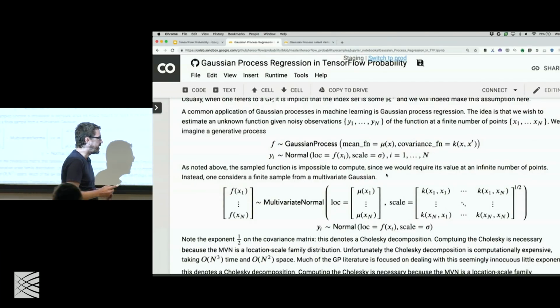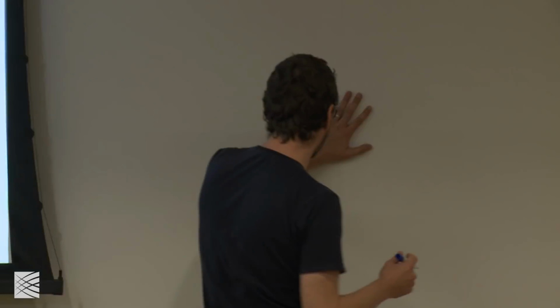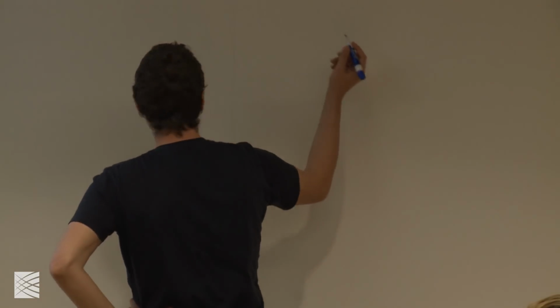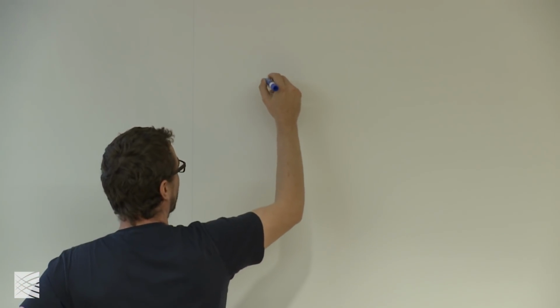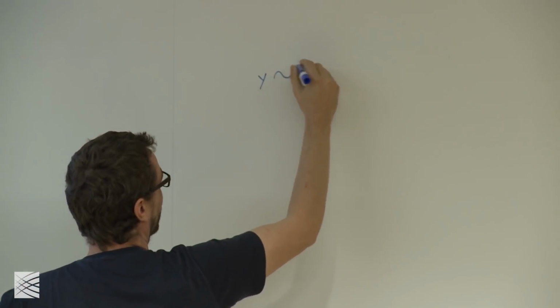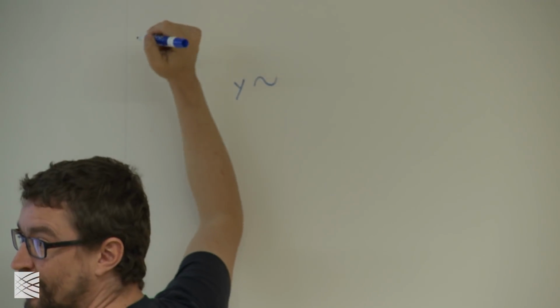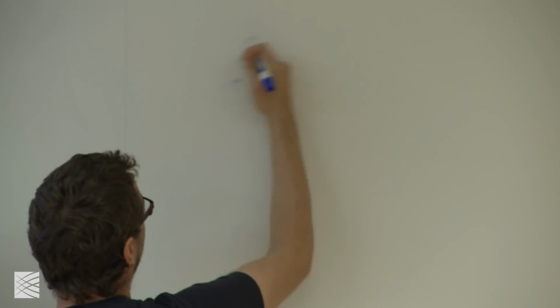So you have this whiteboard. Your typical normal distribution, you might have some values y distributed.